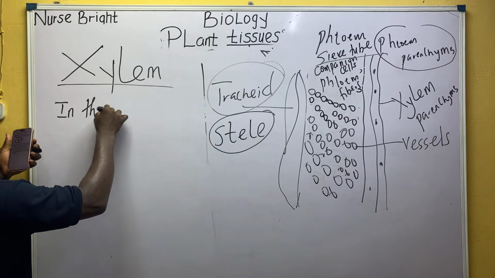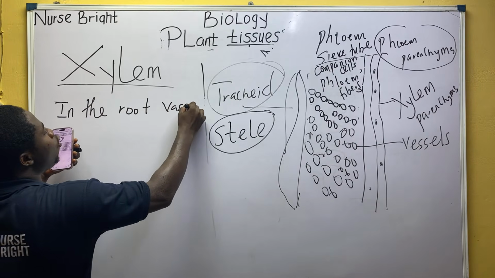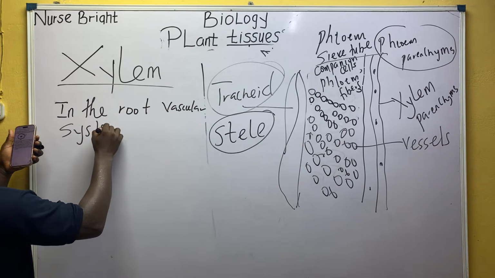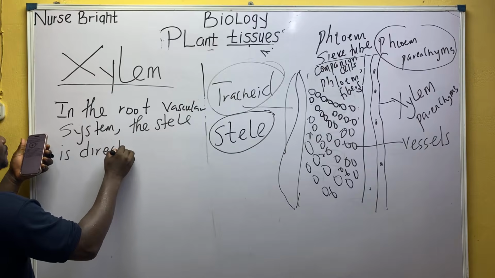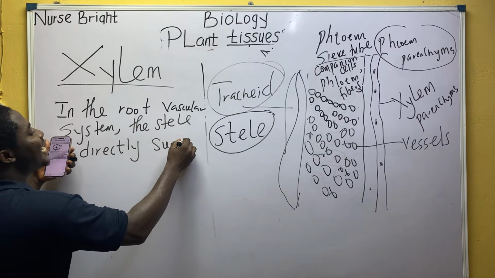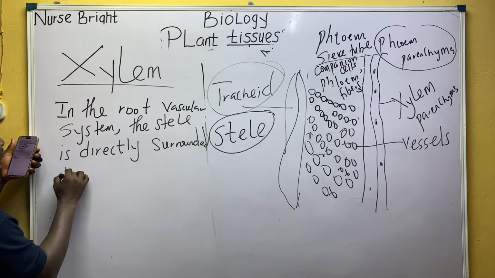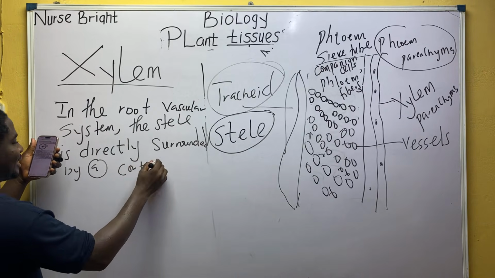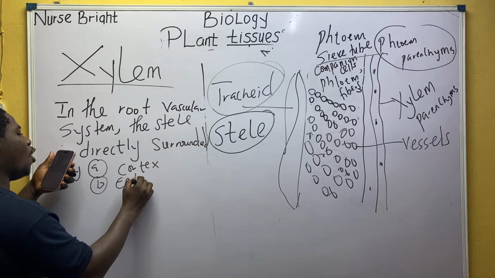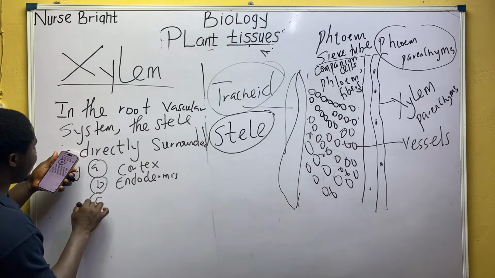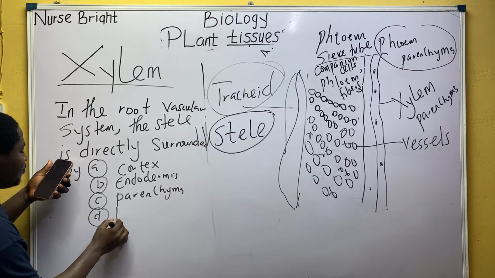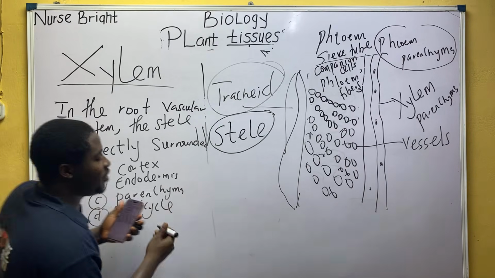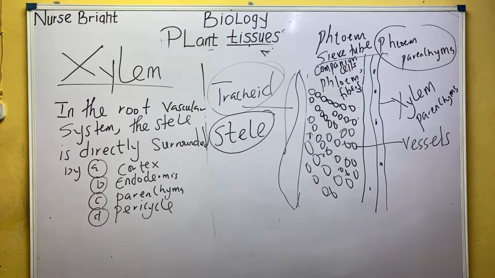In the root vascular system, the stele is directly surrounded by A. cortex, B. endodermis, C. parenchyma, and D. pericycle. Everybody, what is the answer to this simple question?